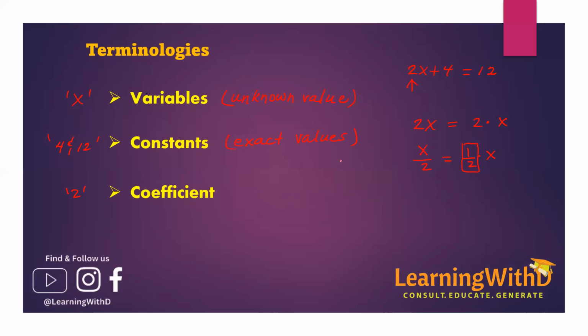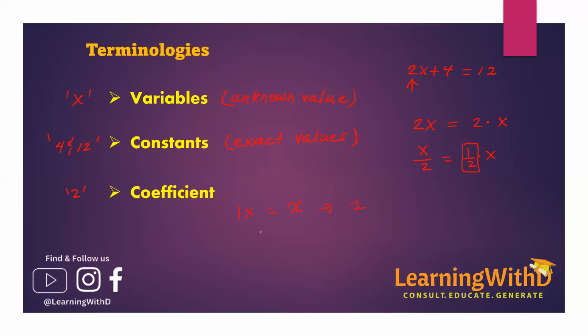Now, while we're here, I should point out that if you have just x, the coefficient of just x is 1. Why? I don't see a 1 here, but it's silent. x is the same thing as 1x, but we don't write 1x. We don't write 1y or 1a.